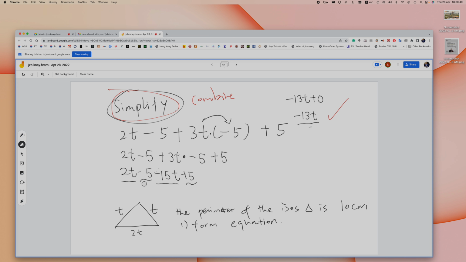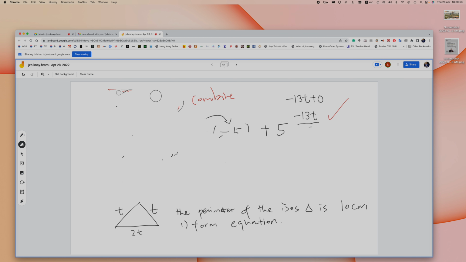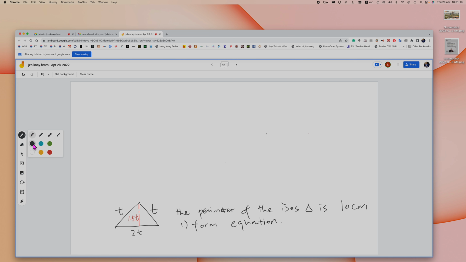Okay, can you do it on top? I help you erase. Can you do it on top? Yeah. Go ahead. Yeah, you do it here. It's okay. Go ahead. Do it.